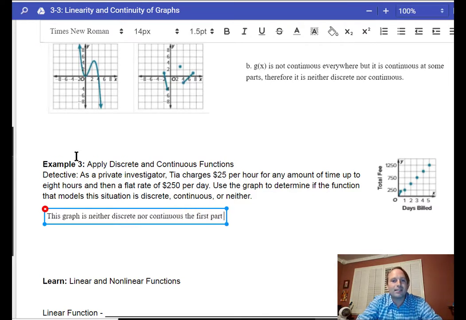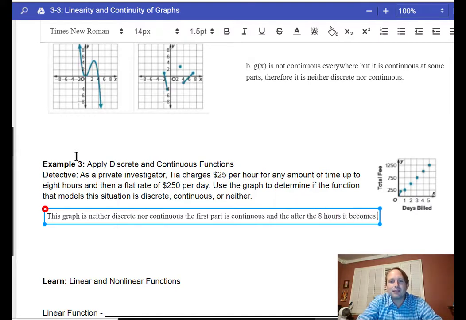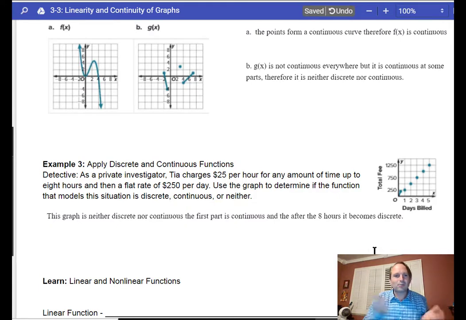The first part is continuous, and then after the 8 hours, it becomes discrete. So then it's not discrete or continuous once it goes from continuous to discrete. So yeah, it's done. All right, let's go on.